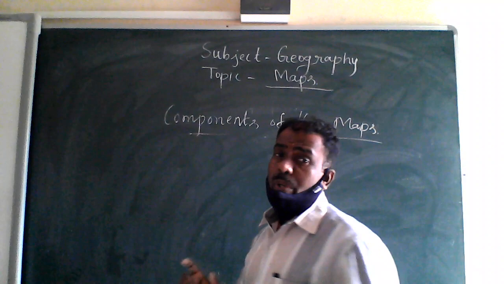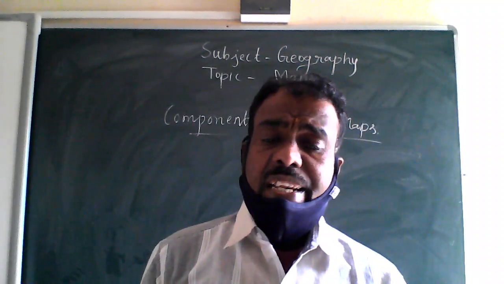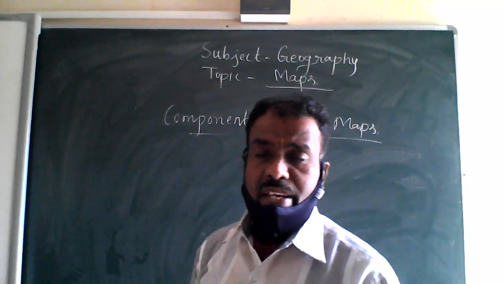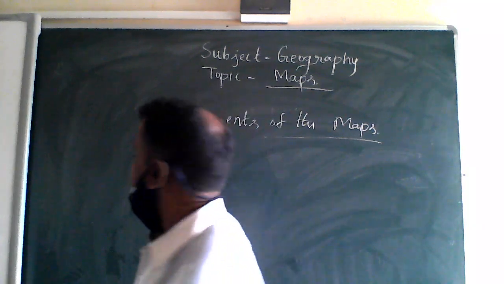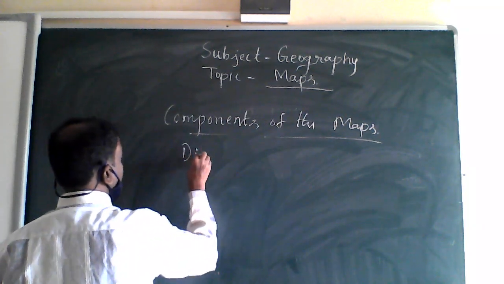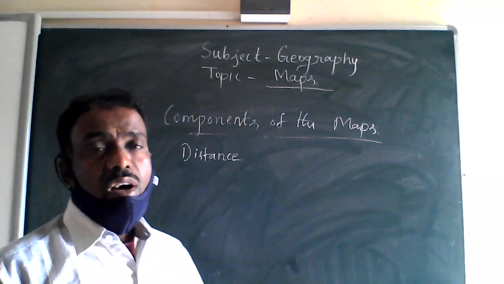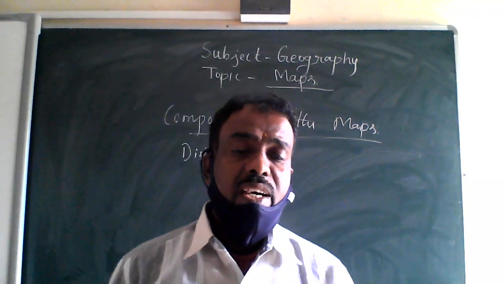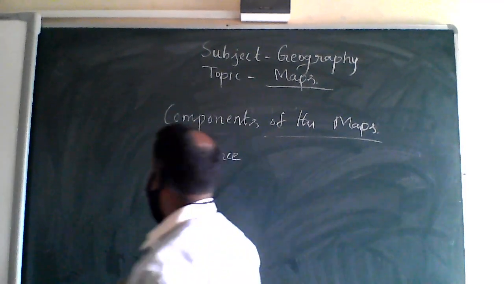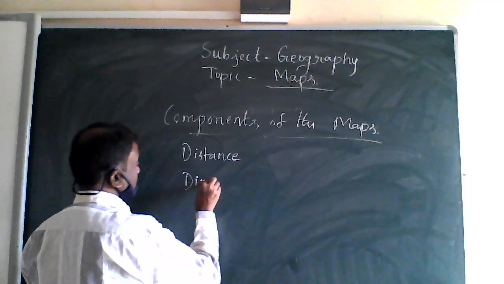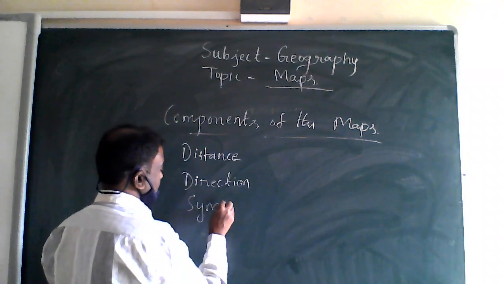What are the components of a map? There are three major components: distance, direction, and symbols.